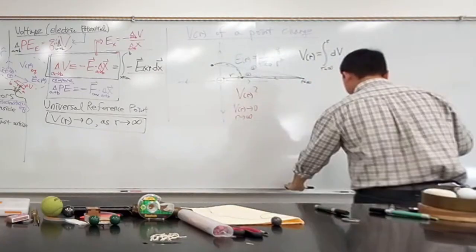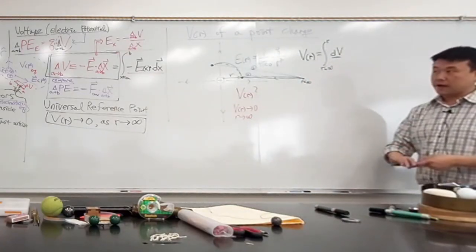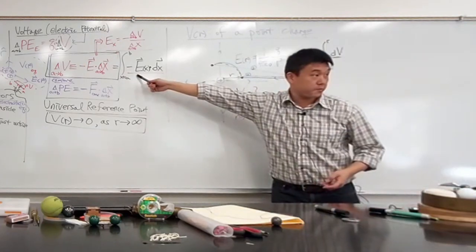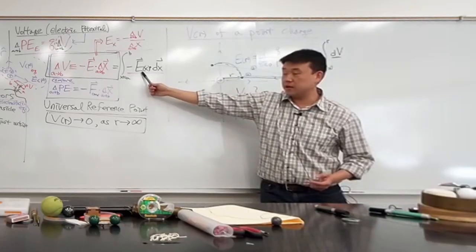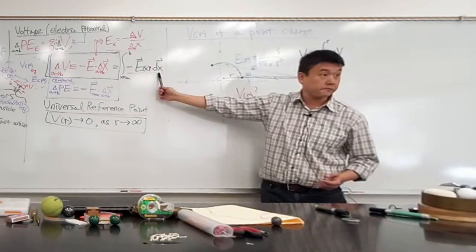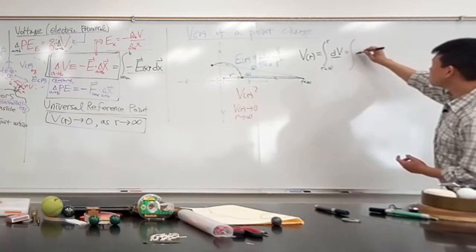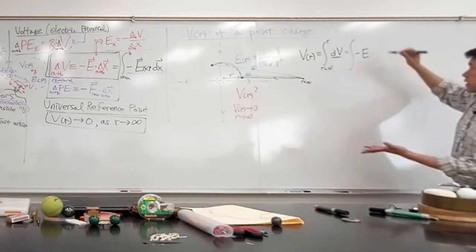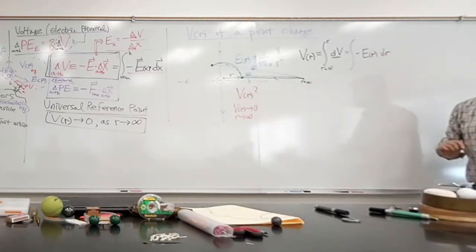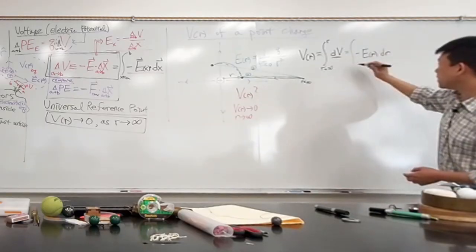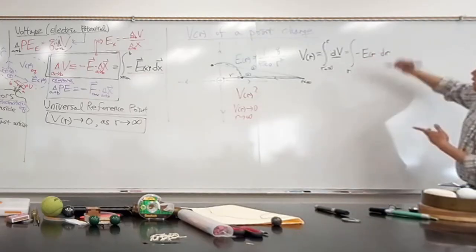So I'm going to pick this radial path to help me do this calculation here. Now for this small contribution to the voltage change, I'm going to write out this expression. Each contribution to voltage change is given by minus electric field times a small interval. So this is equal to minus E as a function of r times dr, integrated from my starting point. Sorry, I keep switching back and forth.